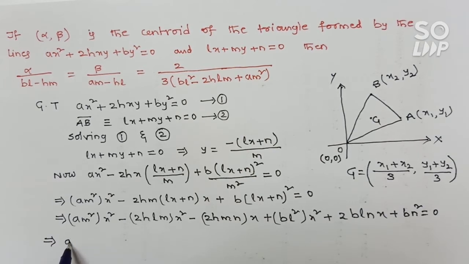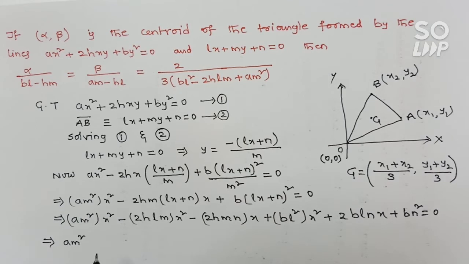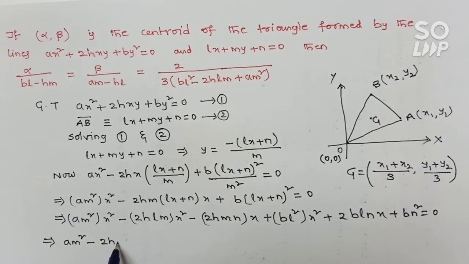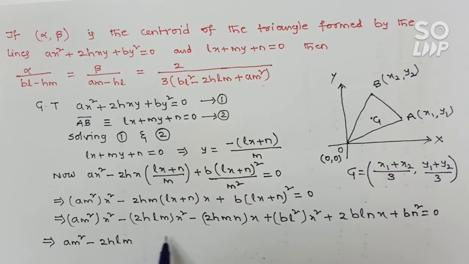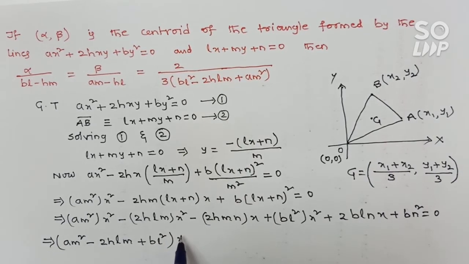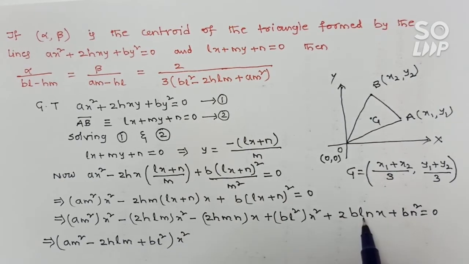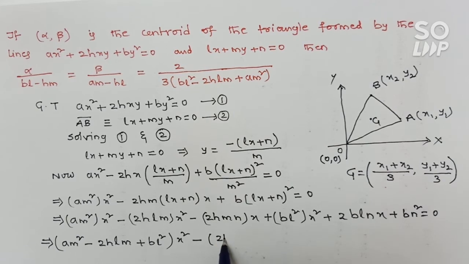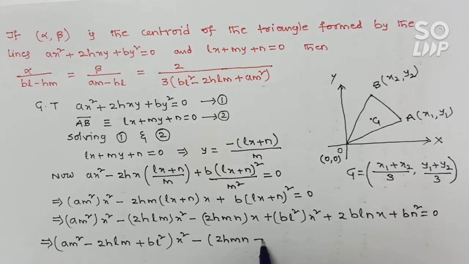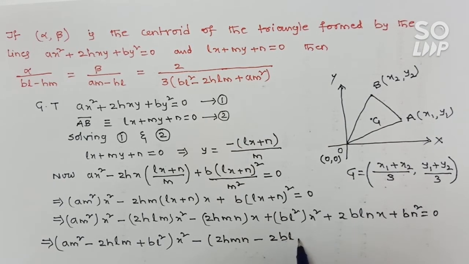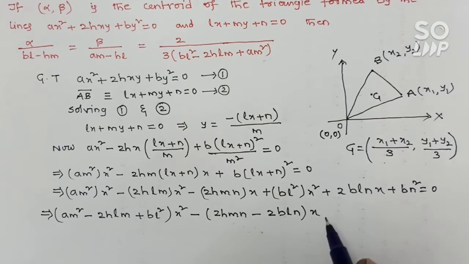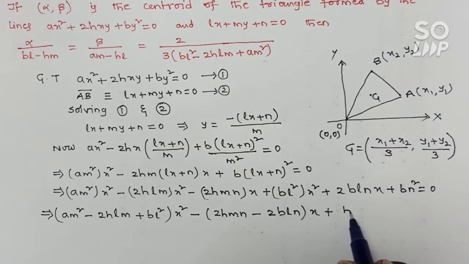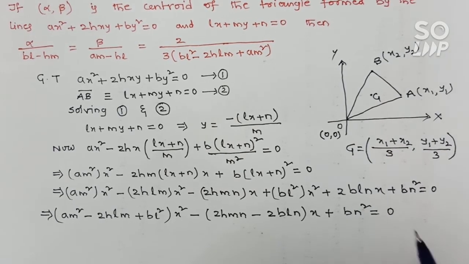That implies (a m square minus 2h L m plus b L square) x square, and next you take the x terms as common: minus (2h m n plus 2 b L n) x, and the next one is only the constant, plus b n square equals 0.